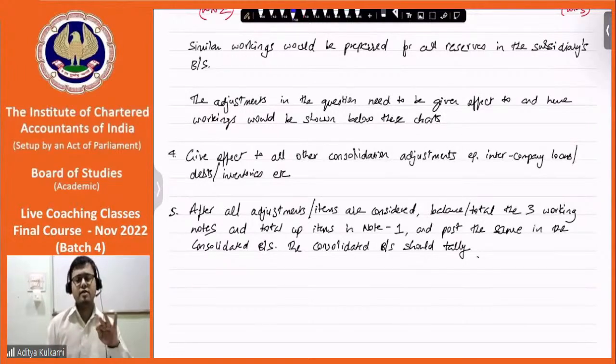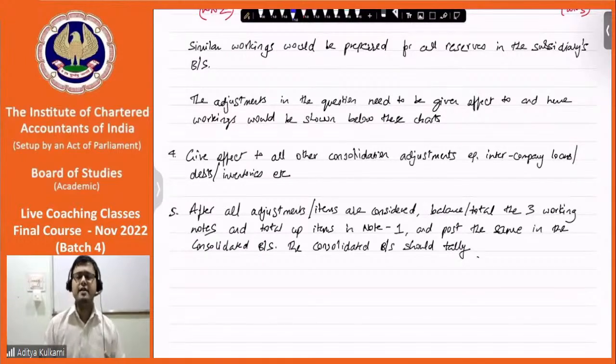So it is not just that legal boundaries require the parent to prepare a standalone, the subsidiaries to prepare a standalone. It does not end there. This is the legal form. In fact, as I told you, in foreign countries, standalone is not mandatory. What is mandatory is consolidated.